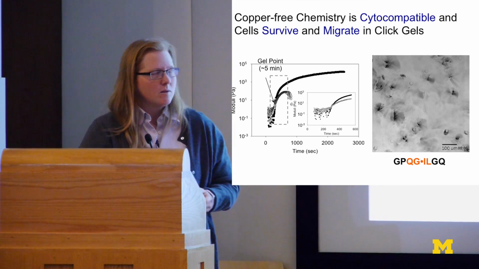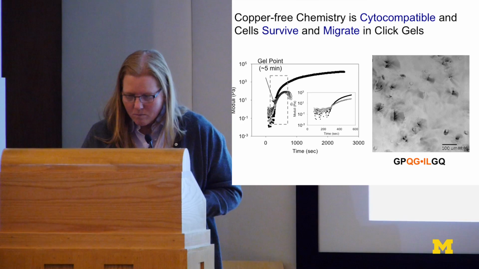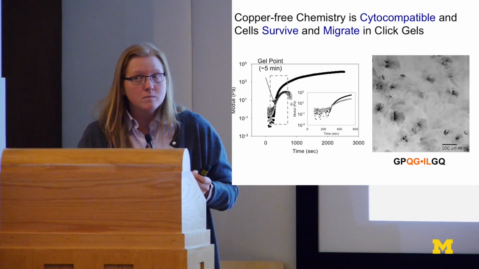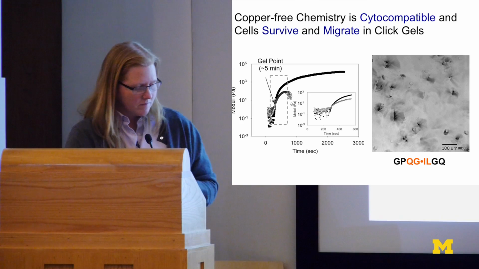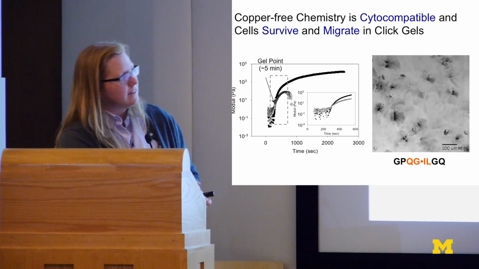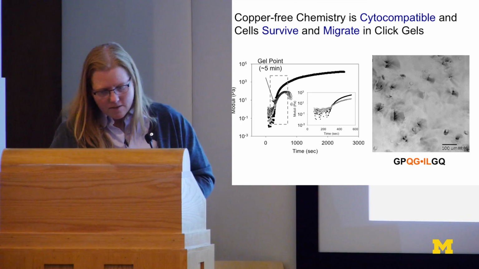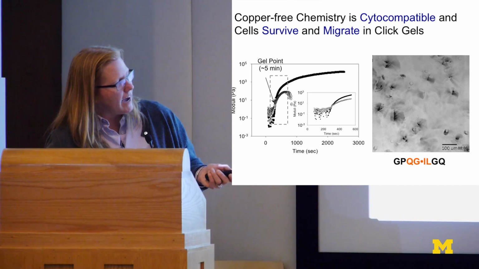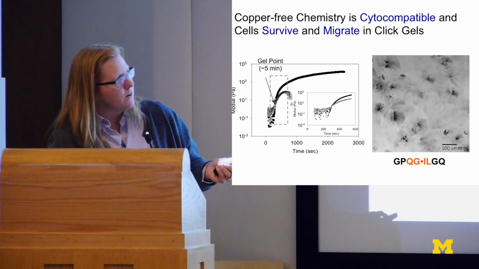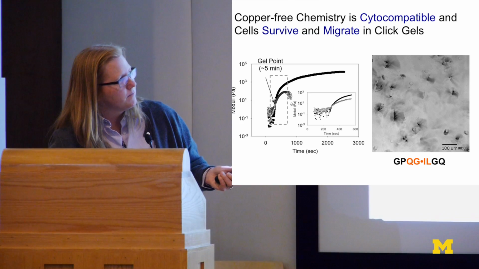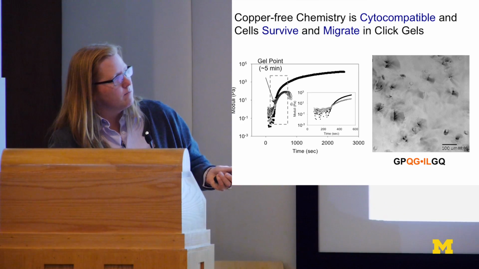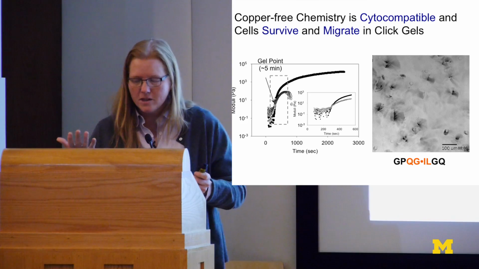So you can form these in the presence of cells, but the important thing here is now I'm the observer. Let's watch these cells, and as I watch these cells inside of these gels, they can spread and attach with the RGD ligand, and they can degrade and remodel this matrix. So the cells are deciding to degrade and make tracks through here. So now I'm the observer.